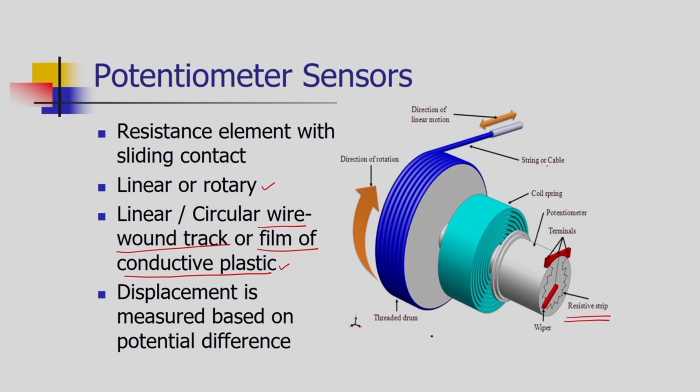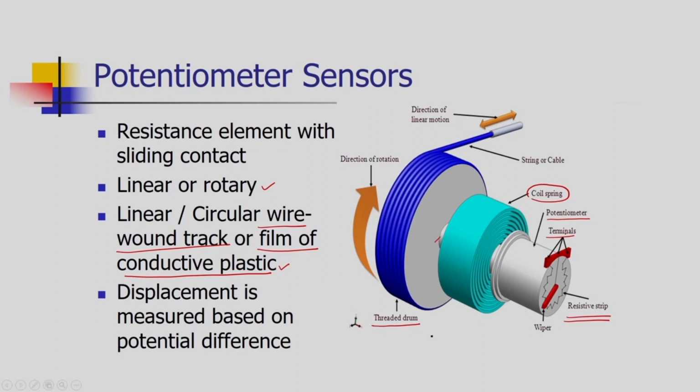We are winding this string or cable over a threaded drum. This drum is mounted on a shaft, and on the shaft we have a coil spring. At the end of the shaft we have the potentiometer sensor.